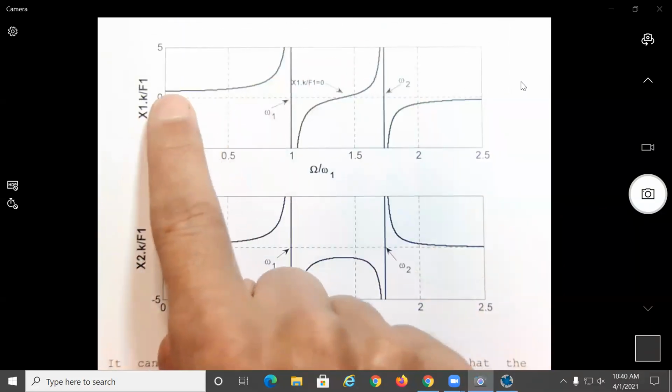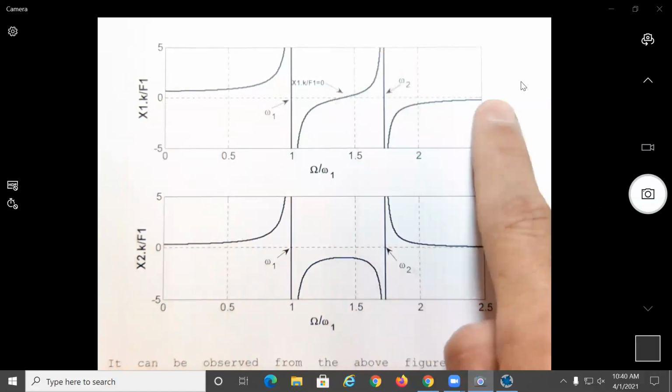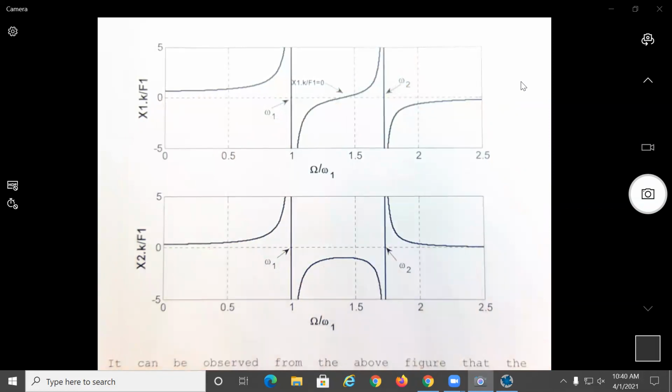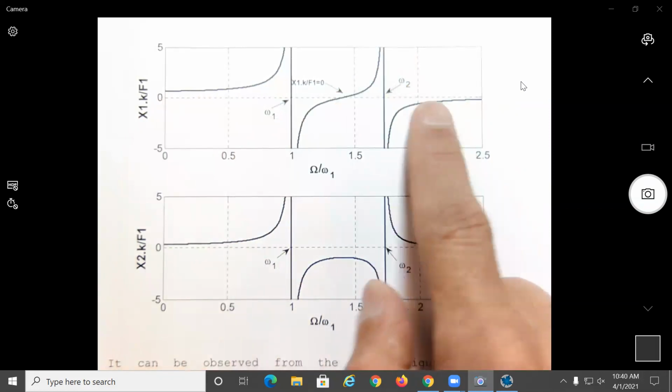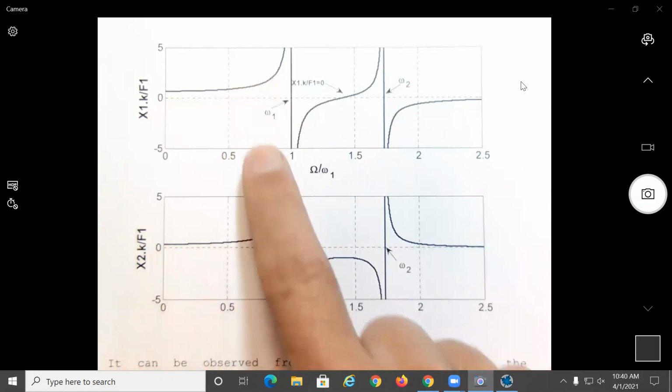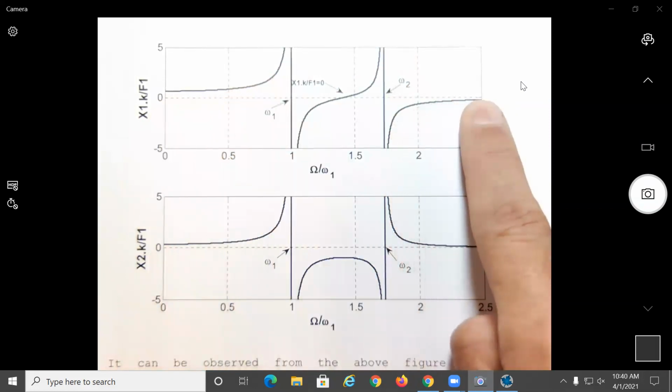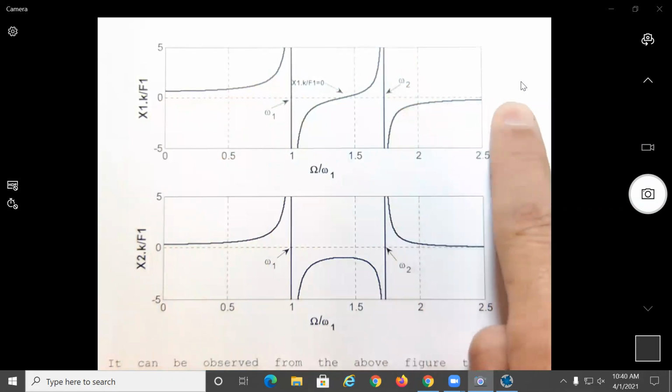But if you stay in this range or this range, the amplitude x1 is finite, and here the same thing, no? Here it goes from large to slowly going to 0. I don't know if it will go to 0 or stabilize over here. I think it will just remain constant over here.